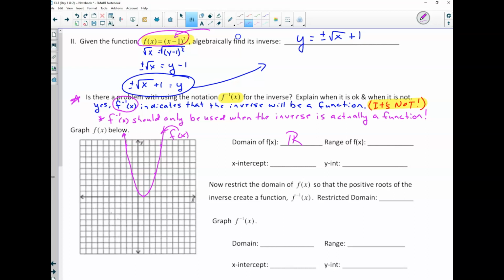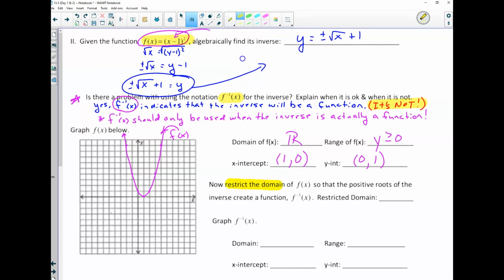I can see my range is y greater than or equal to 0. I can see my x-intercept for this particular function is 1, 0. I can read it right off my graph. I can see my y-intercept is 0, 1.